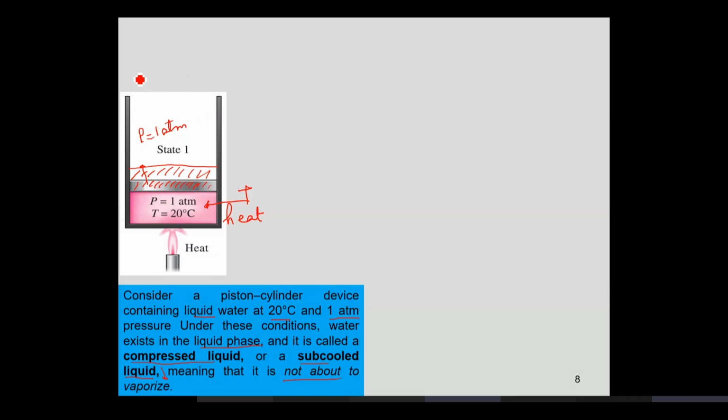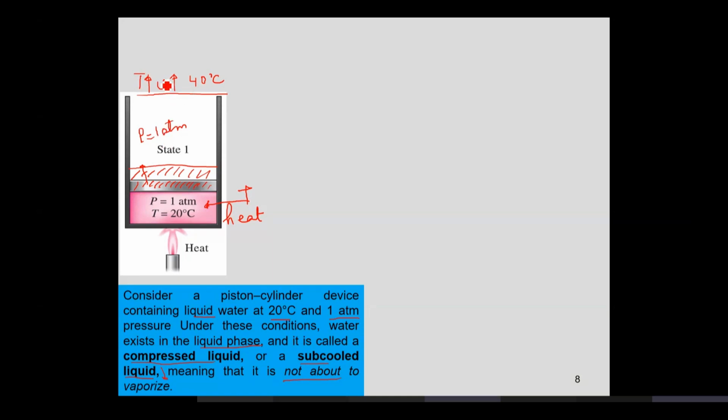All right. So with increase in temperature, the specific volume would increase. Let's say to 40 degrees centigrade. Clear? Yes, sir. But has the water vaporized as yet? No, sir. All right.